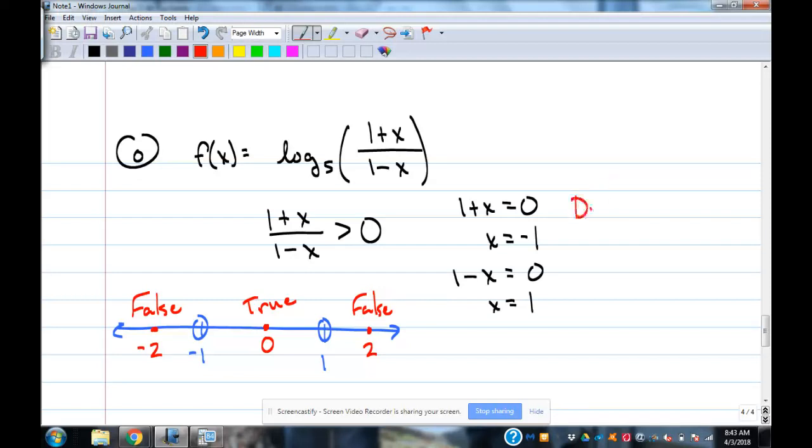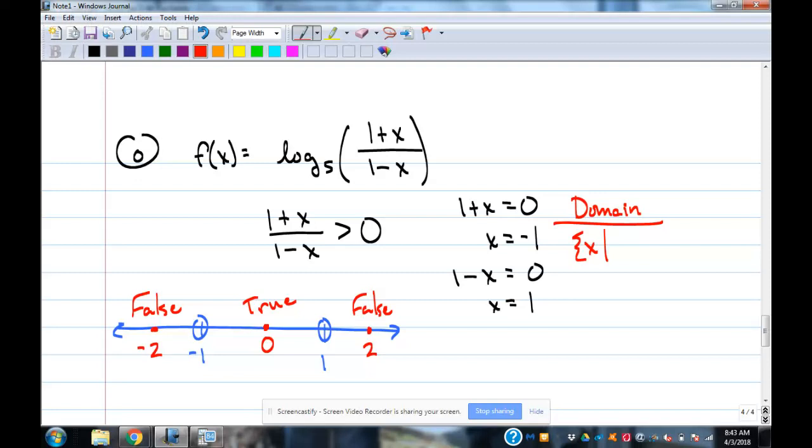Okay? Because there's something different in here, it's whatever you're taking the log of, you're setting that greater than 0 to work with it.